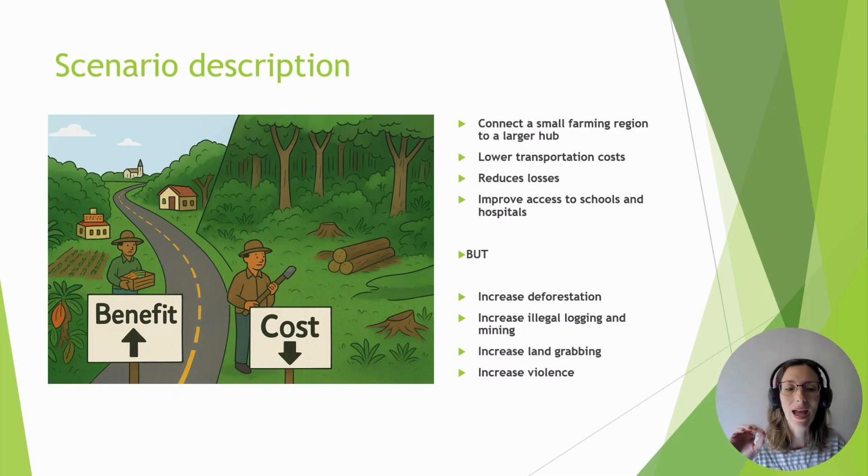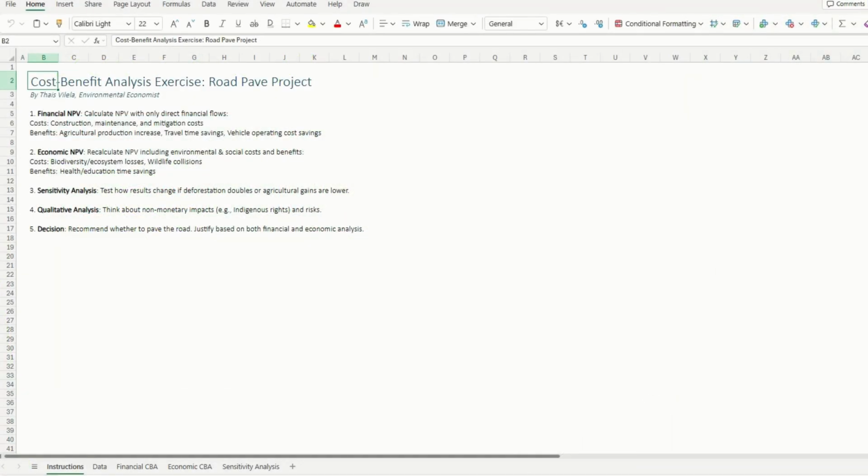And that's why, imagine that you have been asked to conduct a cost-benefit analysis, or simply CBA, to help decision makers weigh these trade-offs. Okay, so on my screen, you can see five tabs. We have the instructions, copied directly from the exercise description.